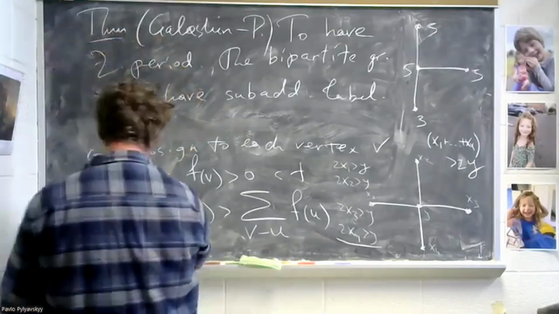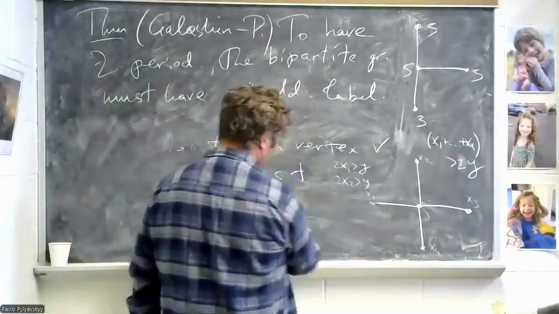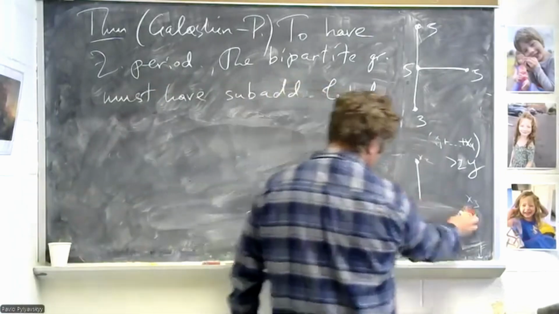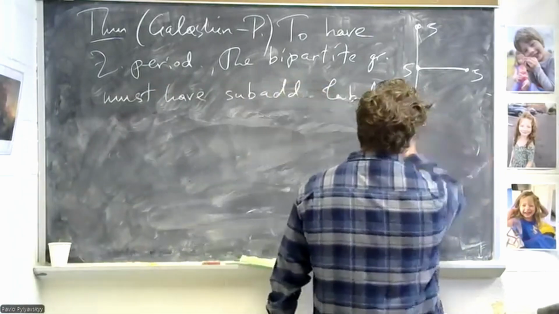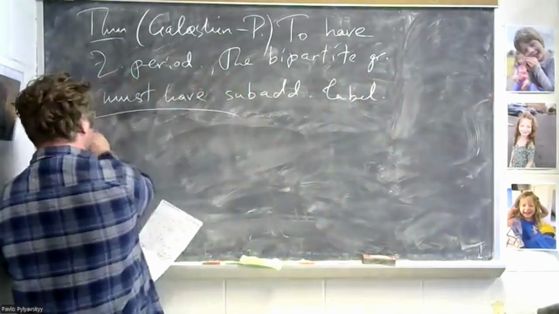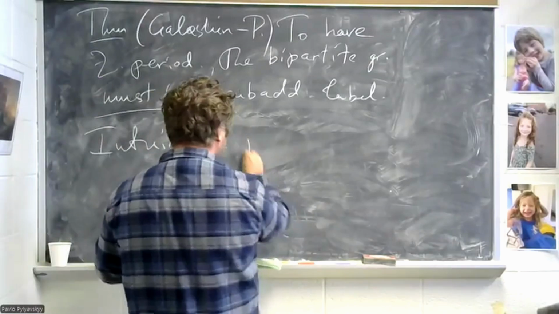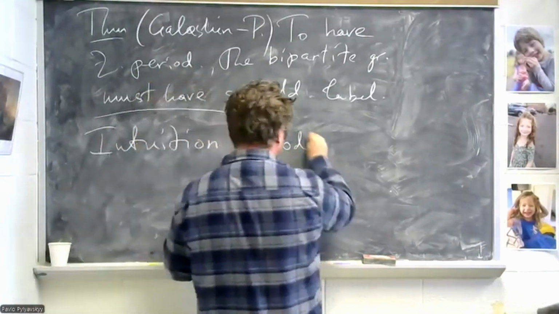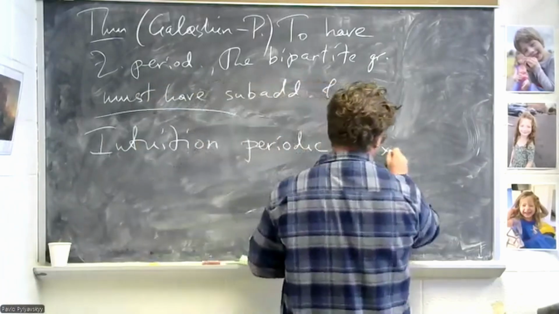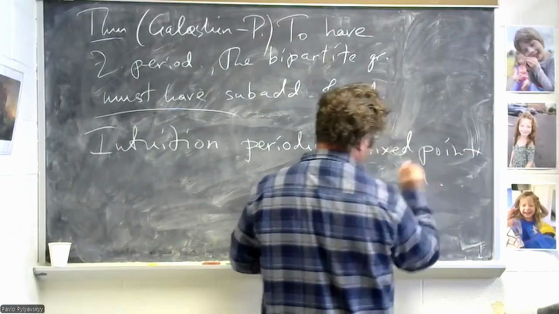So I will not prove it, but I can give you some intuition why this has to be true, because it seems to be a bit random. Why would those subadditive labelings be related to this kind of periodicity? The intuition is like this. If you're periodic, then you have a fixed point where all initial numbers are bigger than 1.